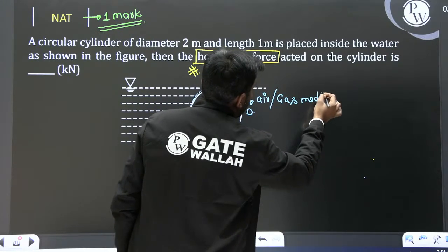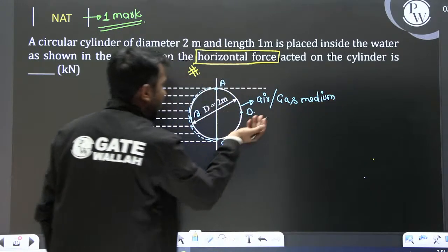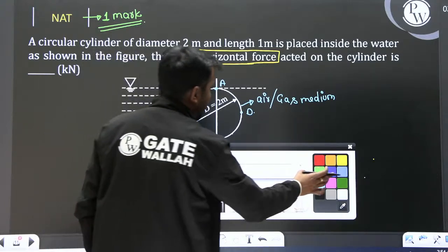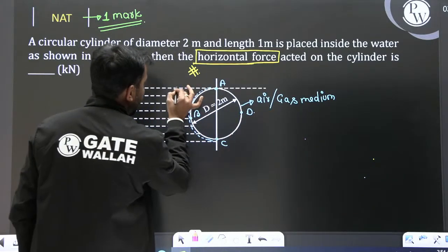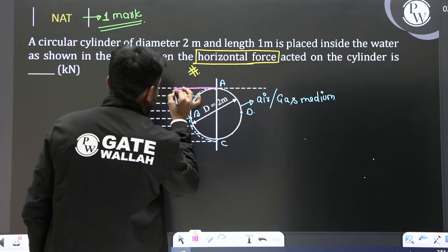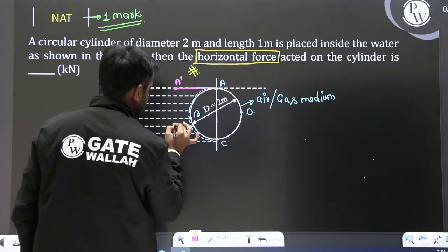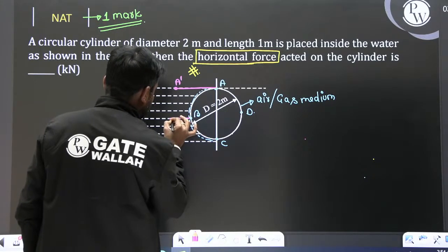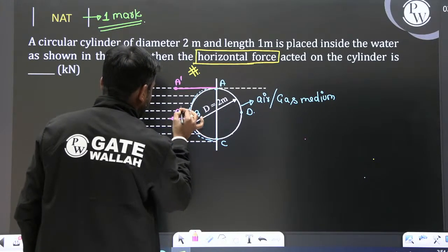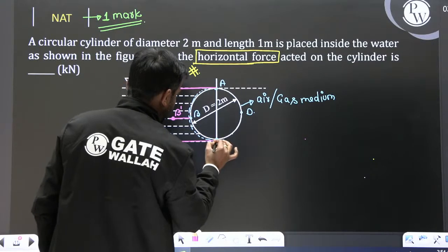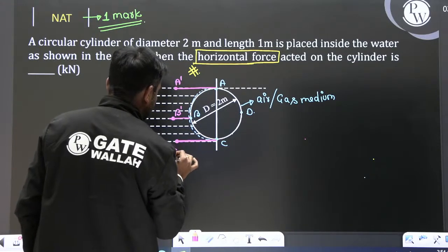The force due to the air or gas medium you neglect, and project this onto the vertical plane. So this point comes out as A dash, this point B dash, and this point C dash.